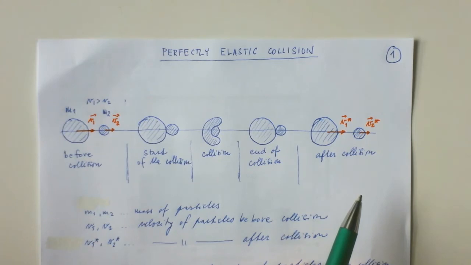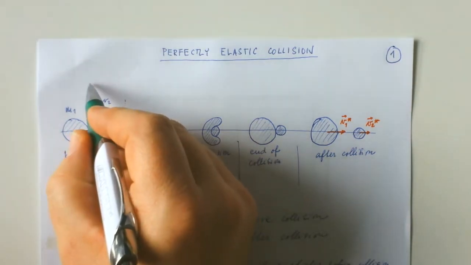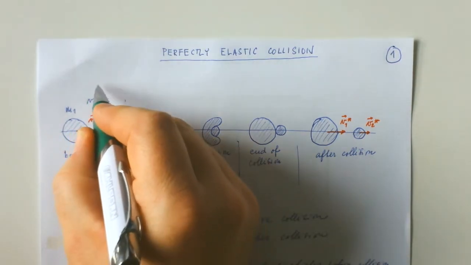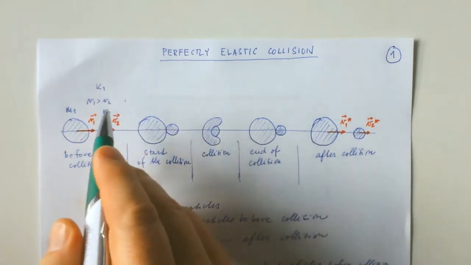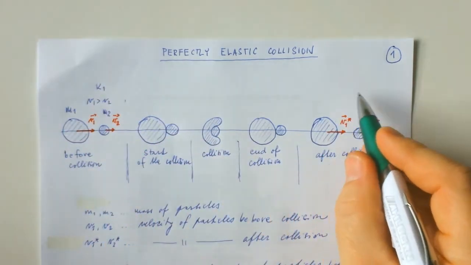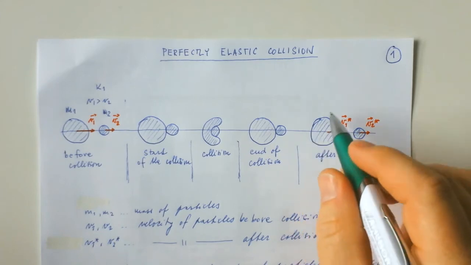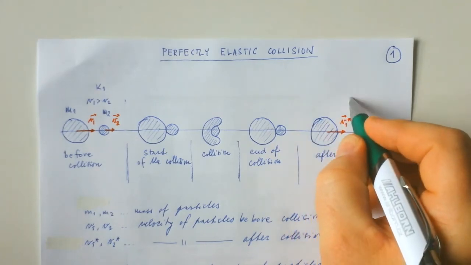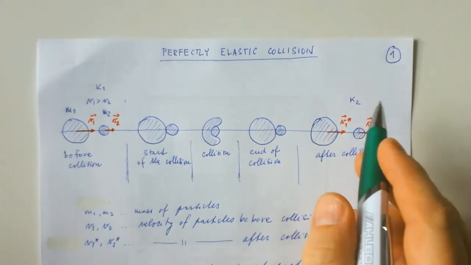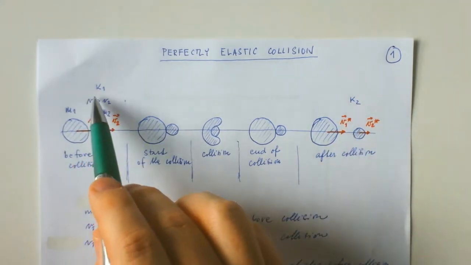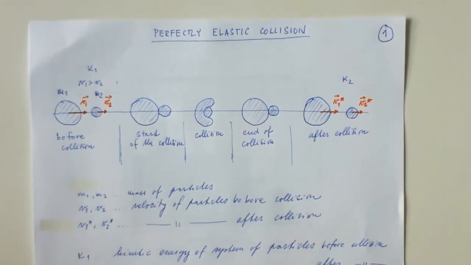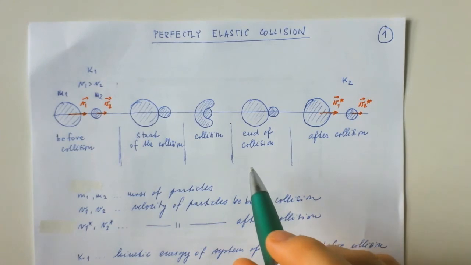So let's say that at the beginning we have a kinetic energy K1, and after the process ends there is kinetic energy K2, and these energies are equal because there is no energy loss.